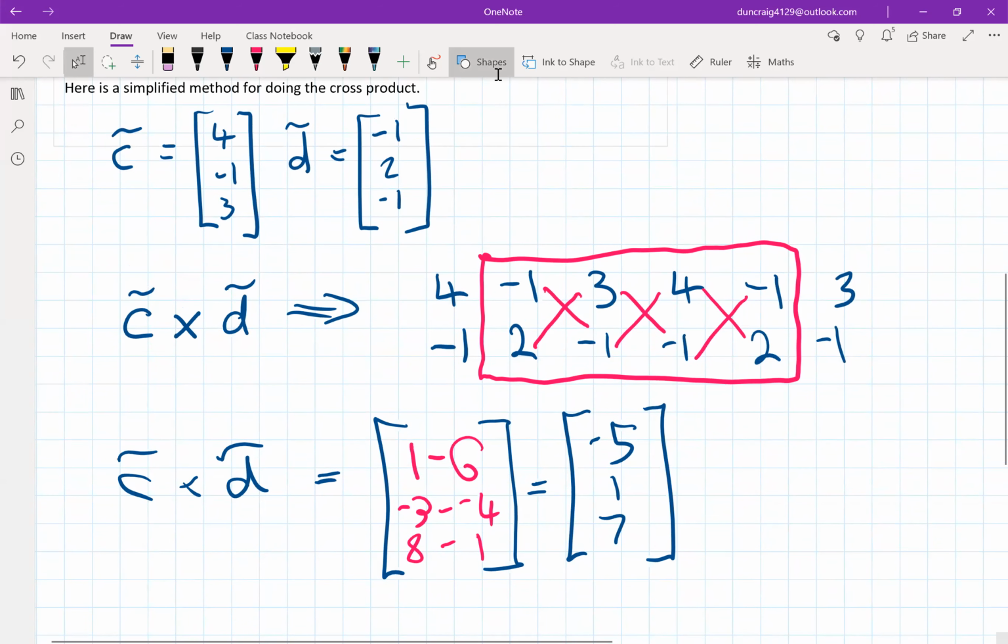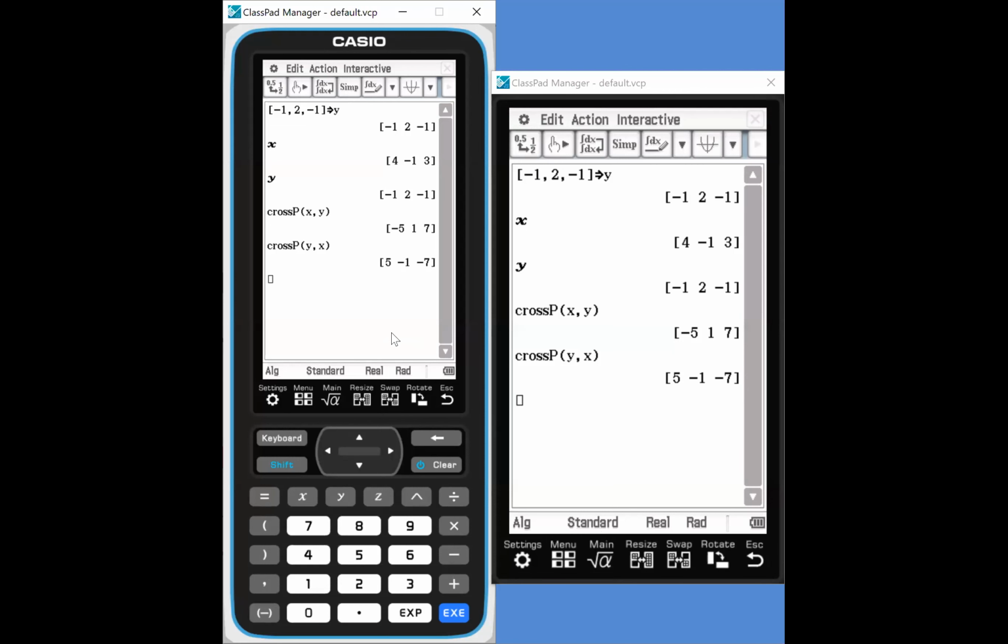I'm actually just going to go straight back to the ClassPad and highlight one more point. So we've done the cross product. It's given us a vector normal to that plane. That means that if you were to now do the dot product of A, or in this case C and D, with that cross product, it should give you 0 as an answer.